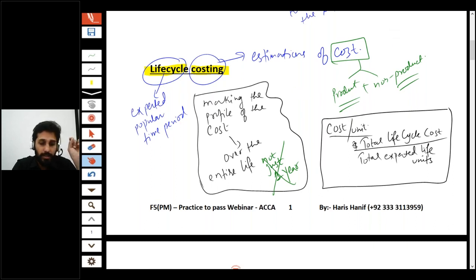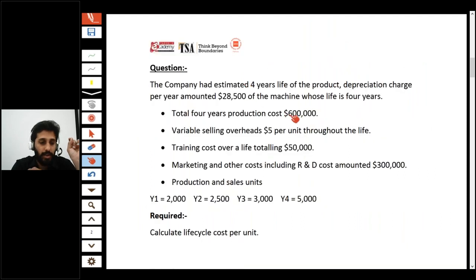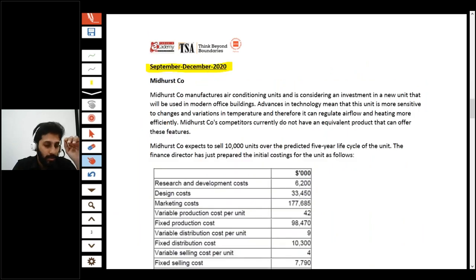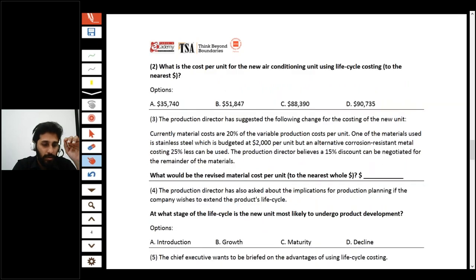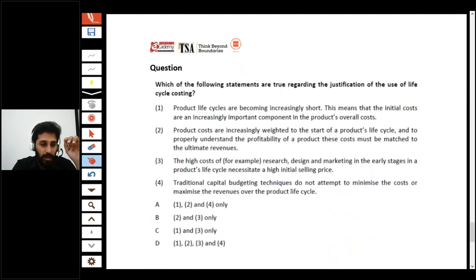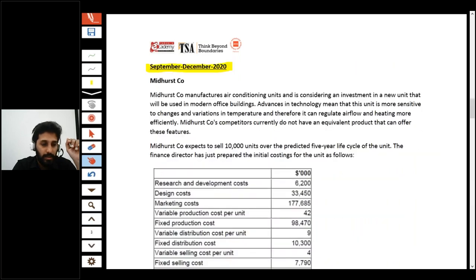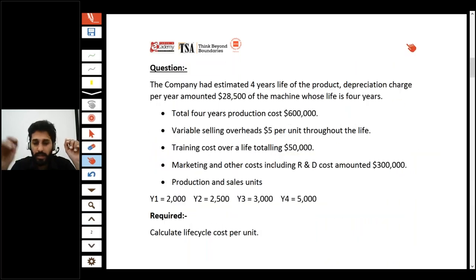Now let's move ahead. This is the question in front of you. I would like all of you to have a quick look at this question, and then we will be having this case OTQ, right? And then thereafter, this life cycle would be finished. Please read this question.